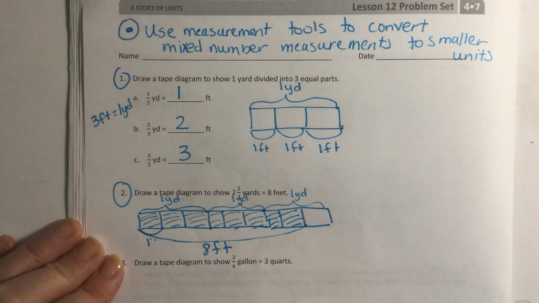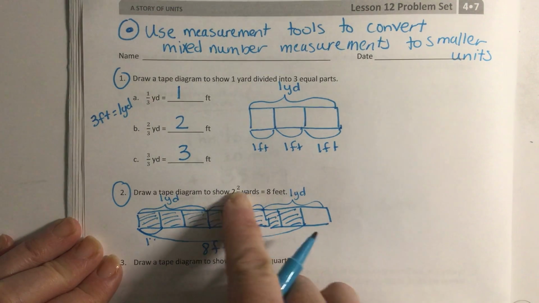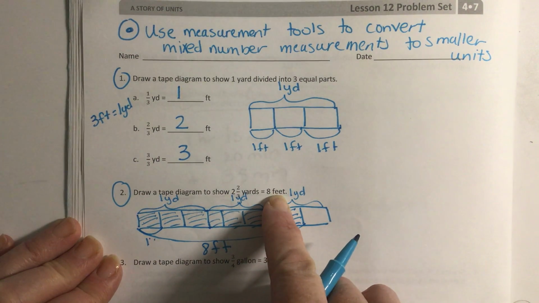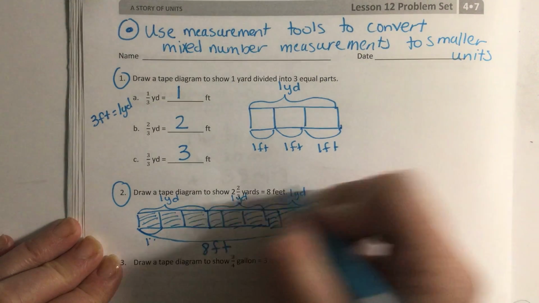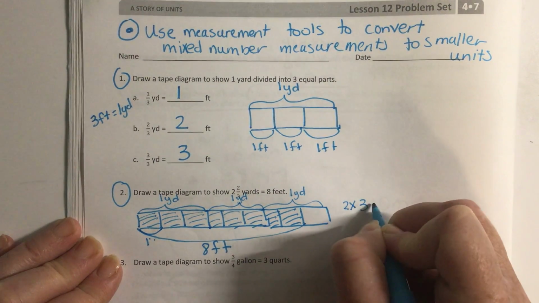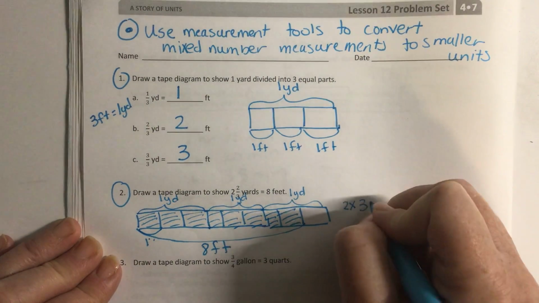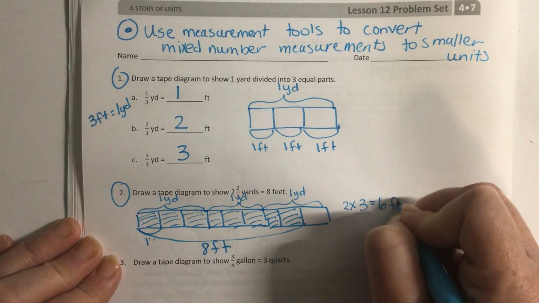Let me show you a little bit of the way you can do this using math. If I know that 1 yard equals 3 feet, I can multiply that by 2. So 2 yards times 3 feet to equal 1 yard would equal 6 feet.